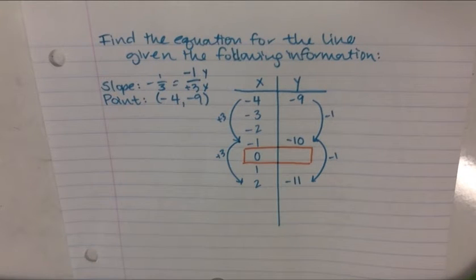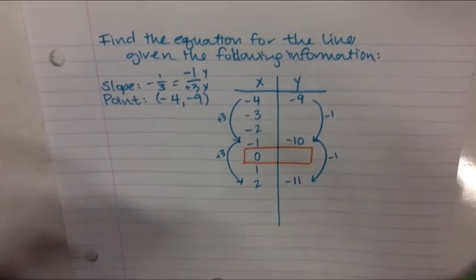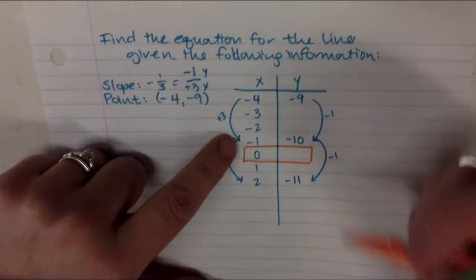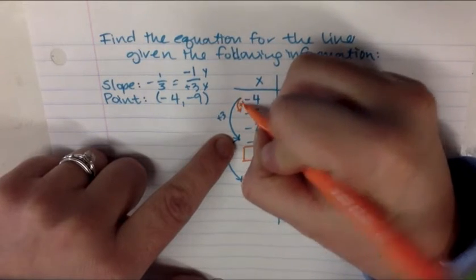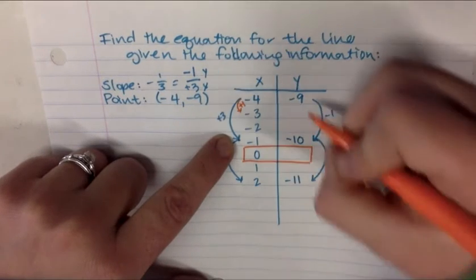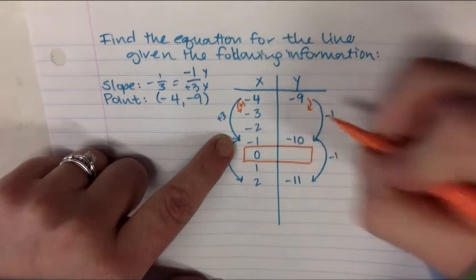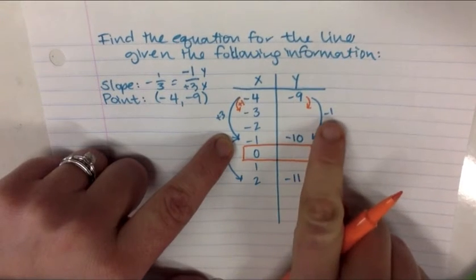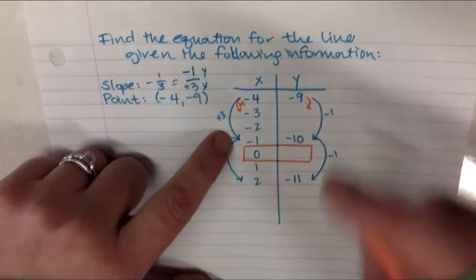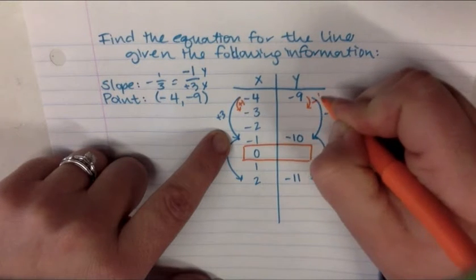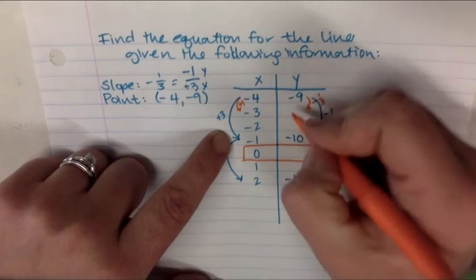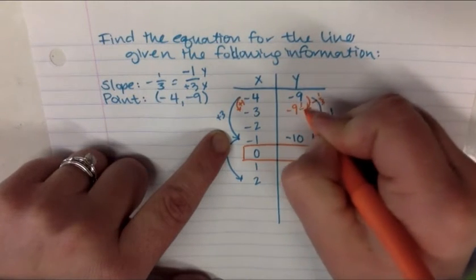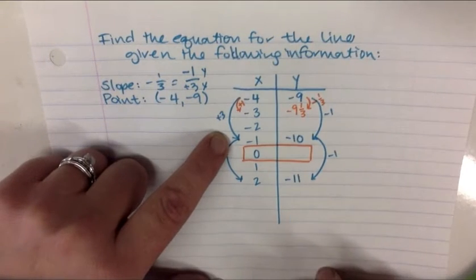I want to be able to actually see what my y-intercept is, but that means I need to break this slope down a little bit more. So if I were to increase by 1 in my x values, what am I doing to my y values? I'm dividing this number by 3. So I'm decreasing by 1/3. That means -9 minus 1/3, -9 and 1/3 is my next point down.